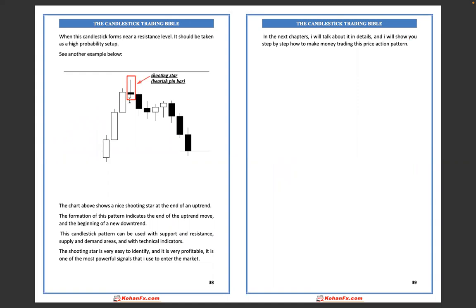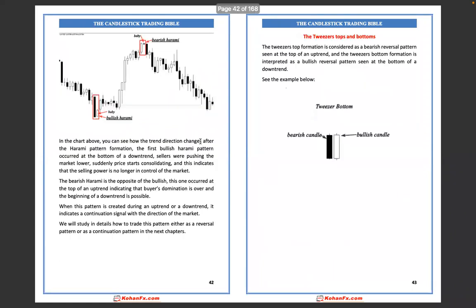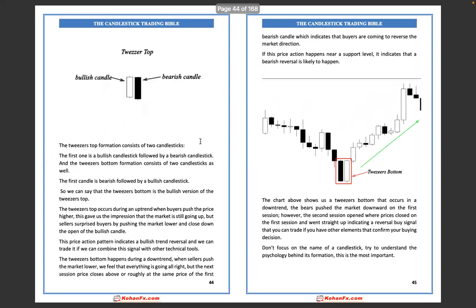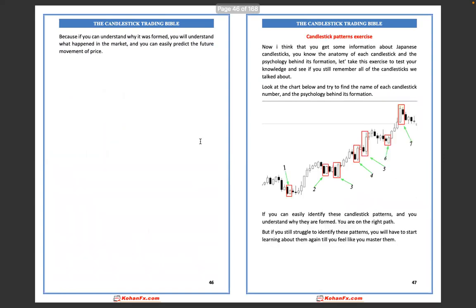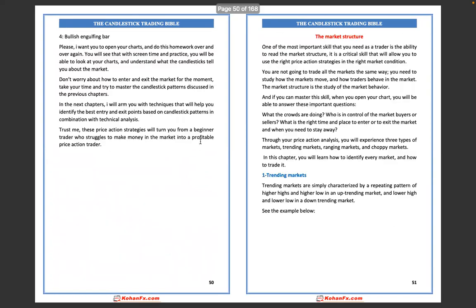We are going to look for this where an uptrend ends, that is on a resistance, and then we start looking for sells. Great. The Harami, I don't use the Harami, so we can ignore this. Sometimes I use the tweezer tops, but we can also ignore this one. Okay, let's move forward.